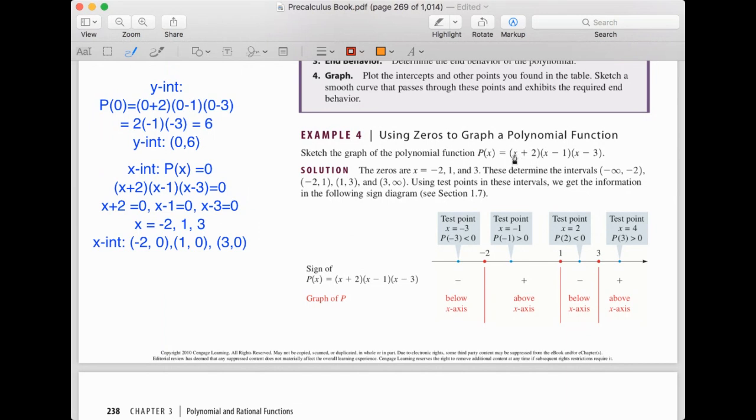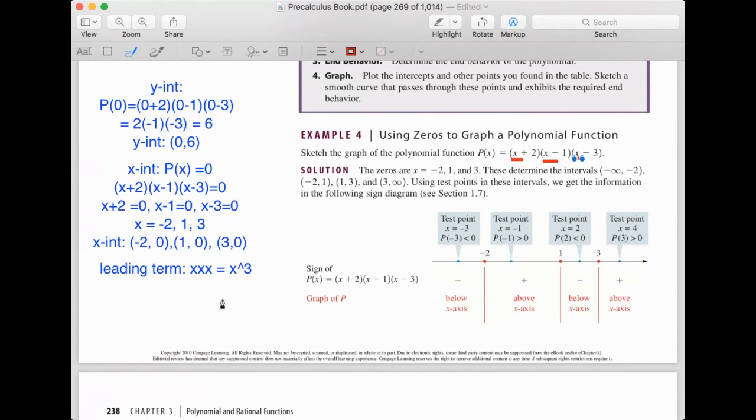We only count the leading term in each parenthesis. So we multiply x times x times x, which is x cubed. That's our leading term. Our leading term is positive and it's degree 3.